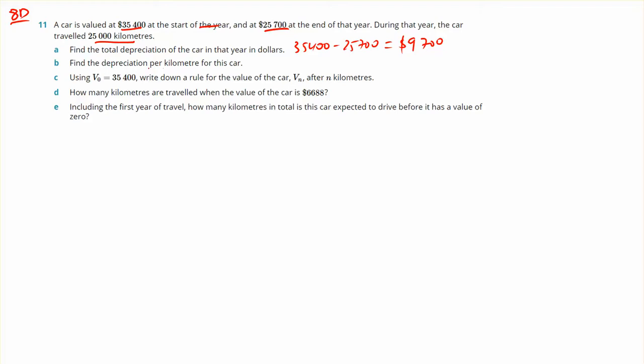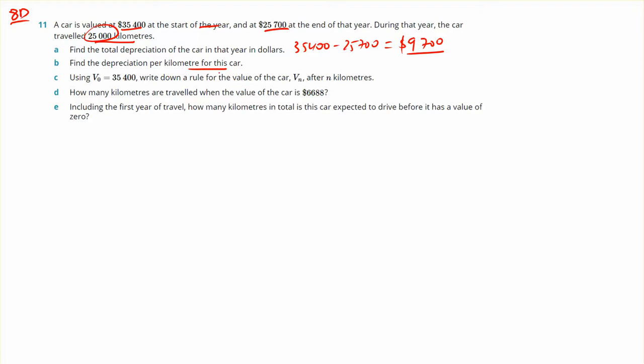Find the depreciation per kilometer. Okay, so it's lost this per year, and the car had traveled 25,000 kilometers.